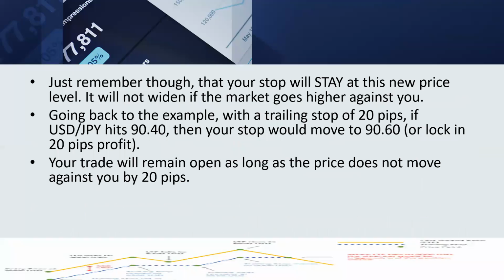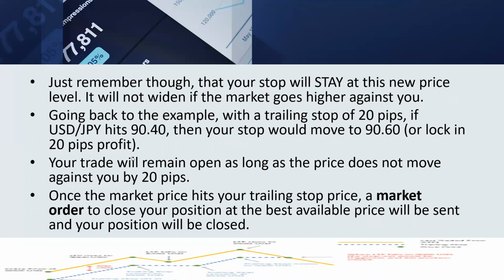So just remember that your stop loss will stay in this new price level until the market moves further. If the market does not move further, the trailing stop will stay there. Let's say you're already in profit of 20 pips and the market moves 20 pips further, the trailing stop moves too.